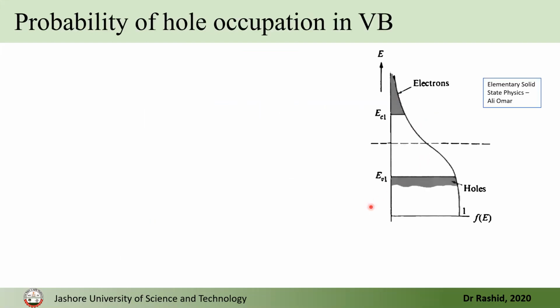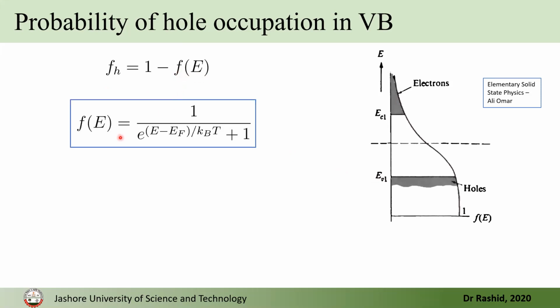Now let's calculate the concentration of holes in the valence band. Now we know that the holes are the unoccupied states. So all the states are 1, that's 100%, and those that are unoccupied are 1 minus f(E).